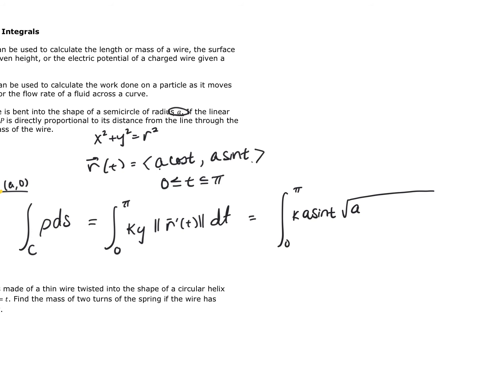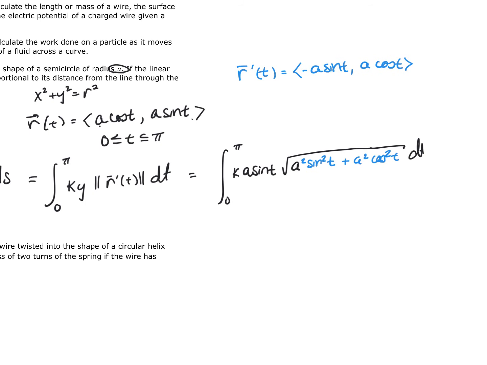The derivative of my vector r is negative a sine of t, a cosine of t. So this is going to be a squared sine squared of t plus a squared cosine squared of t, dt. We can factor out an a squared, then we just have sine squared plus cosine squared, which is just 1.